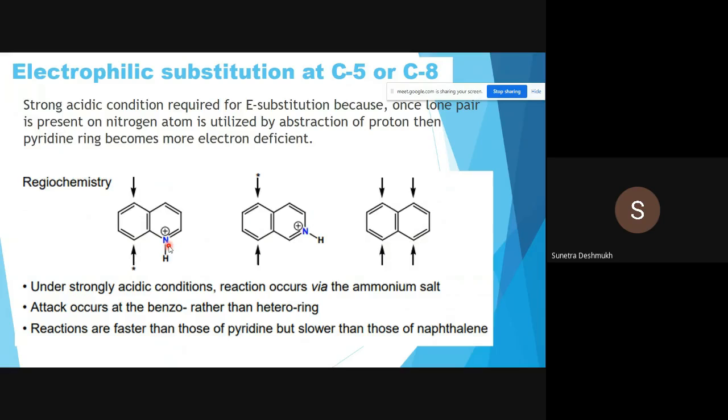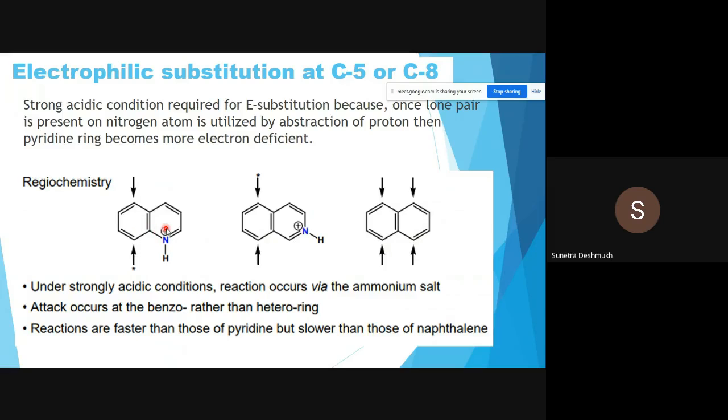Once that lone pair is utilized, this pyridine ring becomes even more electron deficient. Then the selectivity or regiochemistry of the electrophilic substitution is increased, and the substitution occurs predominantly only in the benzenoid ring.